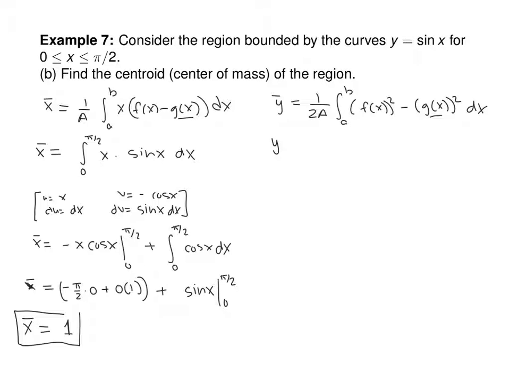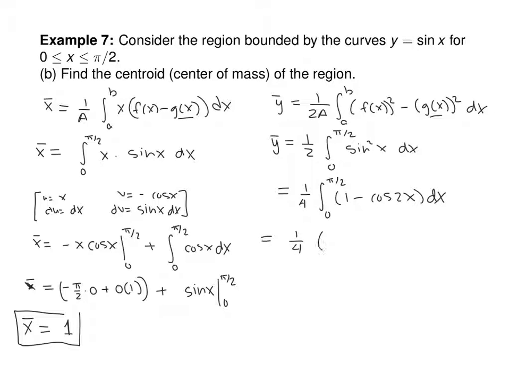And since pi over 2 is approximately 1.5, that seems like a plausible value. Now, y bar is going to be given by a half integral from a to b, so 0 to pi over 2 sine squared x. And to evaluate this, you're going to have to use your half angle identities. So that will be 1/2 times 1/2, or a quarter, 0 to pi halves, 1 minus cosine of 2x, or 1/4 times x minus a half sine of 2x, evaluated from 0 to pi over 2.